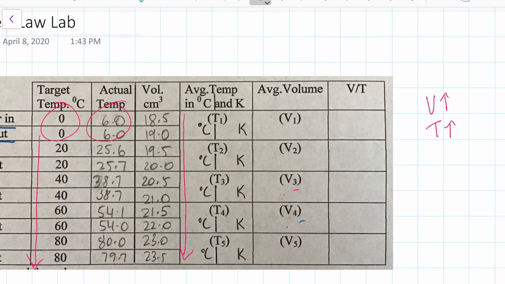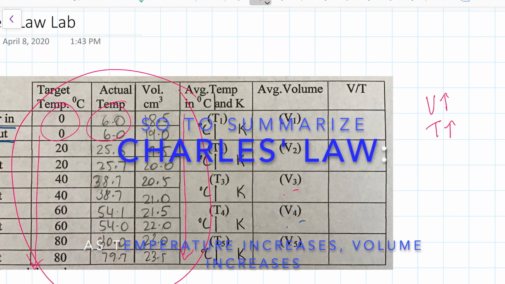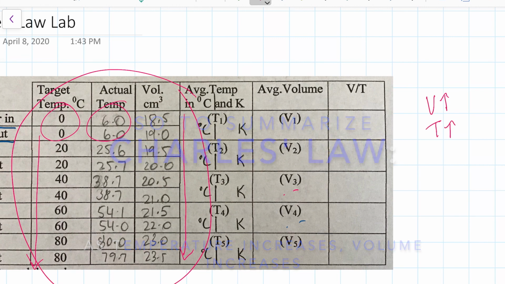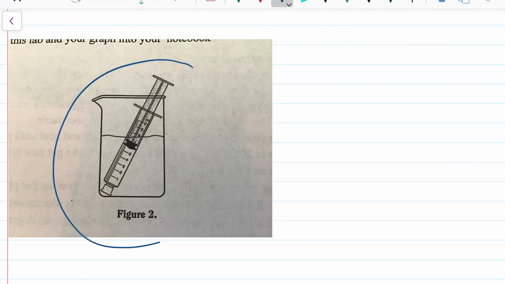So Charles' law is a direct relationship. So before you start manipulating the data, just make sure that you understand that the data already supports the law, because as temperature is increasing, volume is also increasing. So we just collected data by submerging a syringe in water.